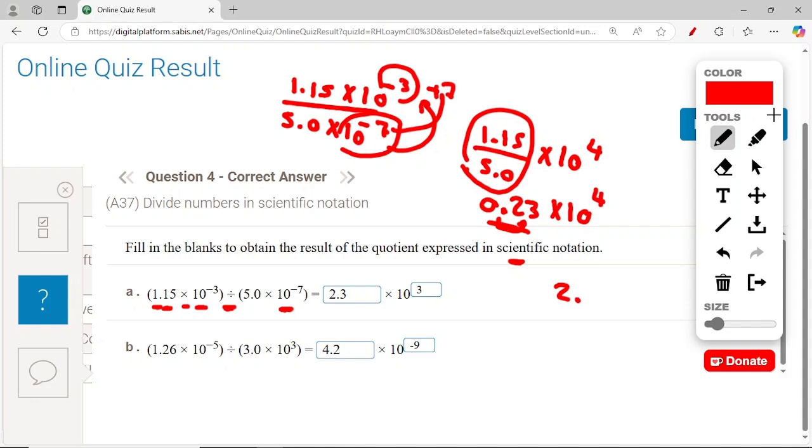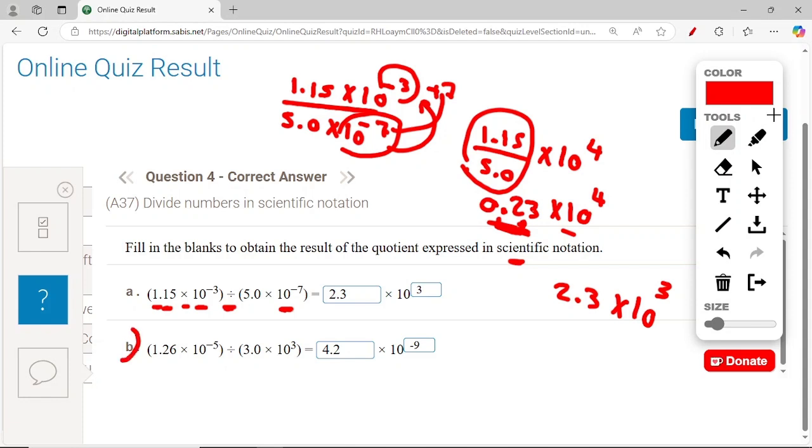So it will be 2.3 multiplied by 10 to the power of 3. Because if we move this digit to the right, we multiply by 10, so we divide here also by 10. So it will be 2.3 multiplied by 10 to the power of 3.